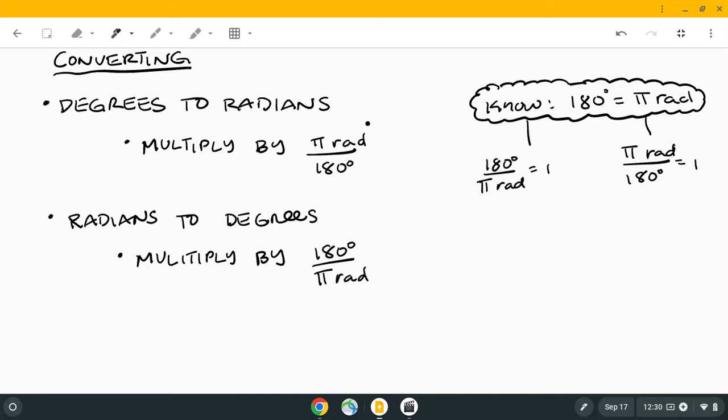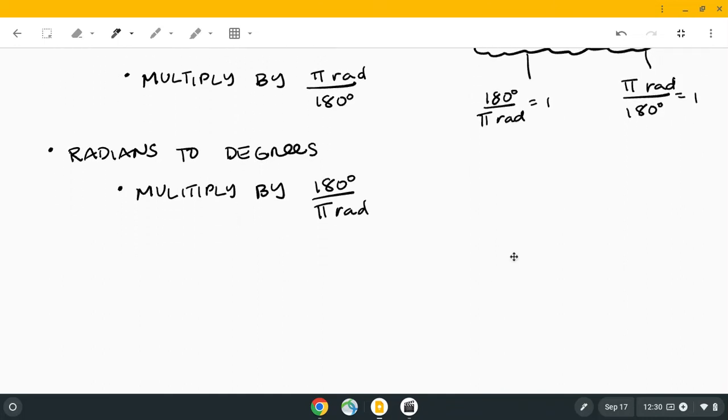This makes sense because if you want radians, you should end up with radians, and if you want degrees, you should end up with degrees. The degrees will cancel in one case, and the radians will cancel in the other. You'll see.